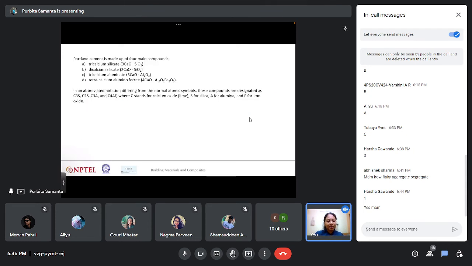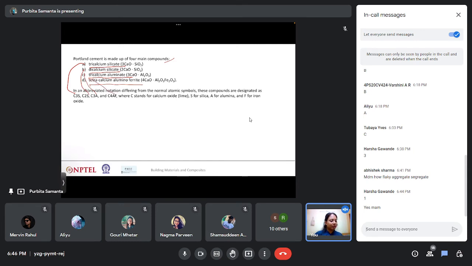So this is just an explanation where it says that Portland cement is made up of these four compounds: tricalcium silicate, dicalcium silicate, tricalcium aluminate, and tetracalcium aluminoferrite. And these are abbreviated as C3S, C2S, C3A, and C4AF.